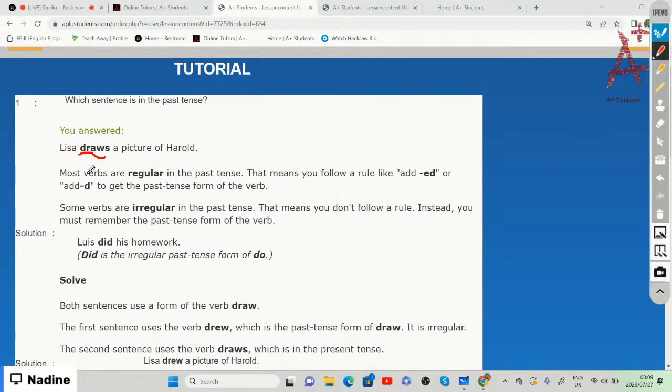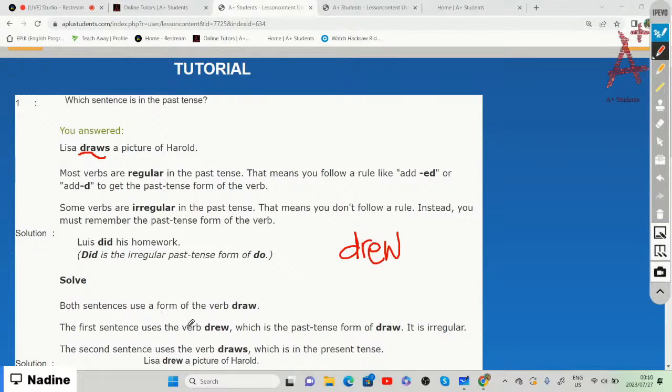So if we change that form of verb to the past tense, then the irregular past tense form will be drew, not draws, we can say drew.